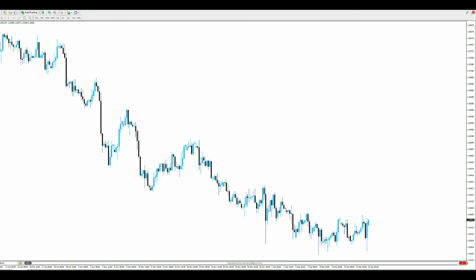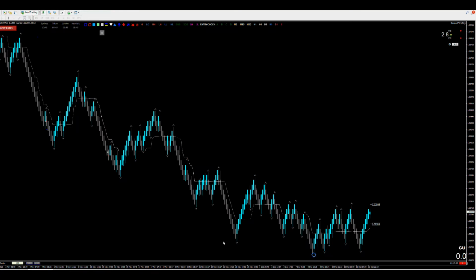If you don't know, Renkos are price based, they're not time based, which means that I know for myself and a lot of traders, we run to the chart every hour, every 4 hours. We know that there's going to be a new candle printed. Here, a new brick is going to be printed once it reaches a certain price, or the way I like to look at it, once it reaches a certain amount of pips.